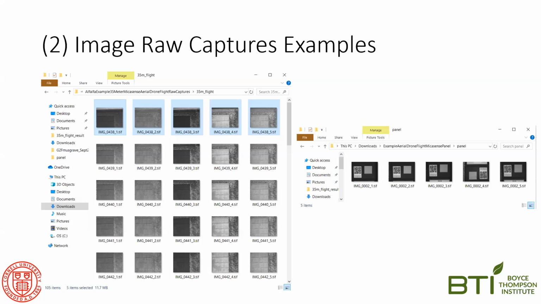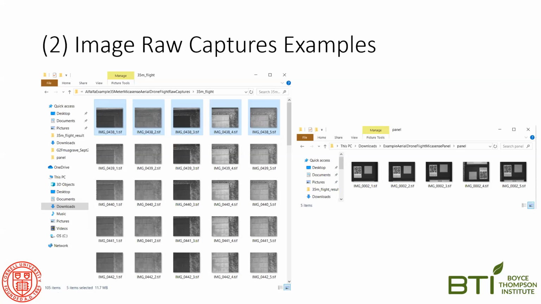Now the second path is more exciting because we don't have to rely on Pix4D and other software. And so to give you an idea of what the raw data looks like, these are the images off of the drone. This is the MicaSense camera.